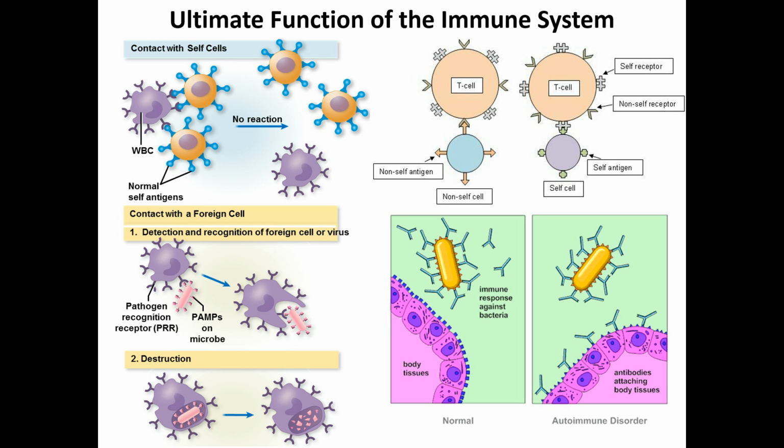Now, when a white blood cell comes into contact with some foreign antigen, which could be a microbial cell, these receptors on the surface of our immune cells, specifically our leukocytes, are referred to as pathogen recognition receptors, or PRRs.